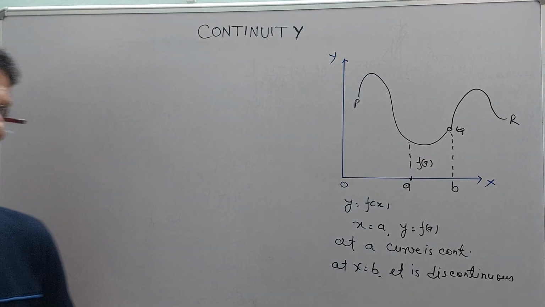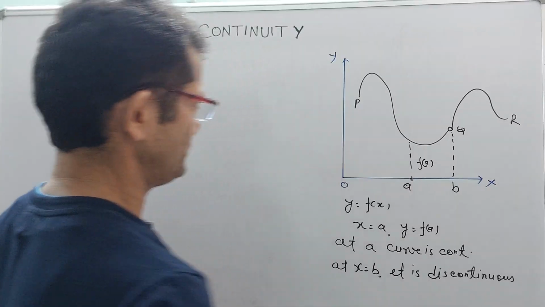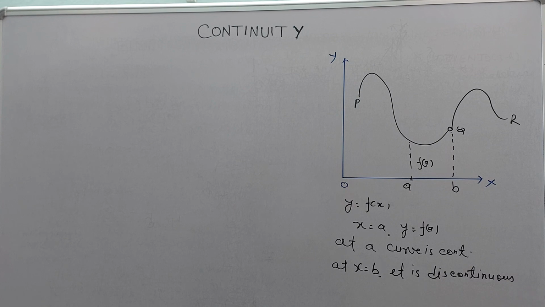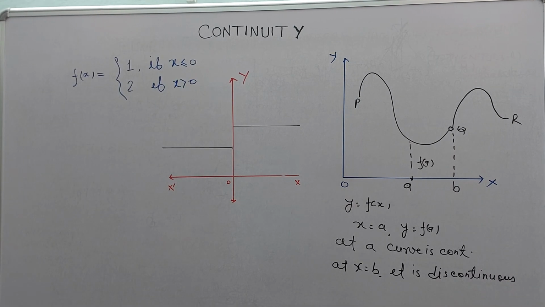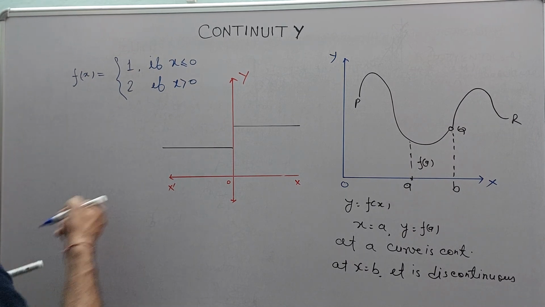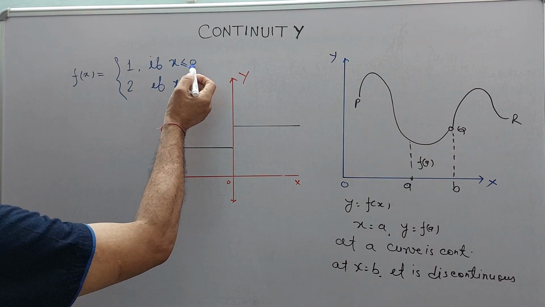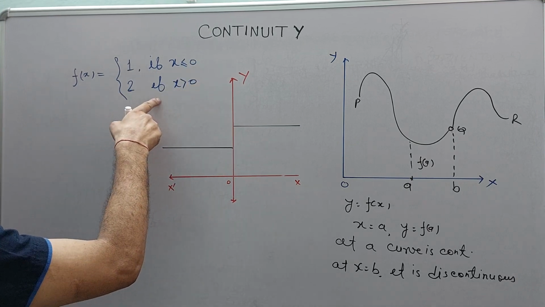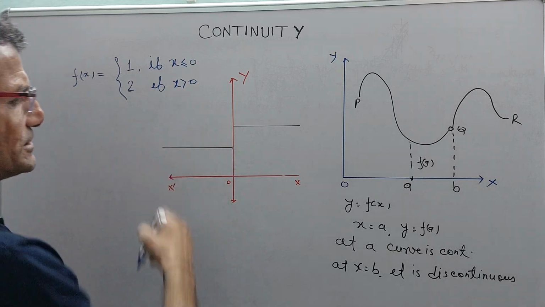Now mathematically, how do we find continuous and discontinuous? Let us take another example. In this example our function is f(x) is equal to 1 if x is less than or equal to 0, and f(x) is equal to 2 if x is greater than 0.